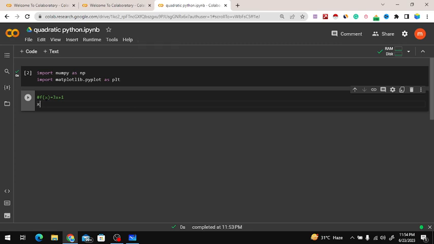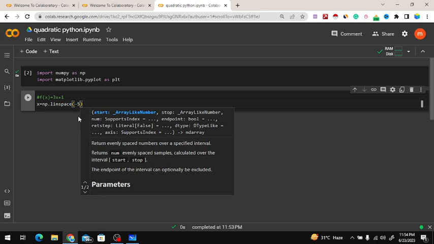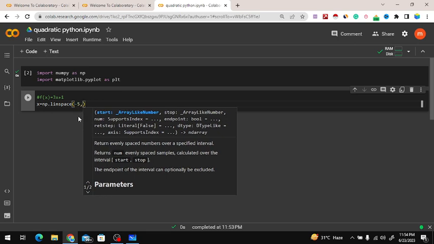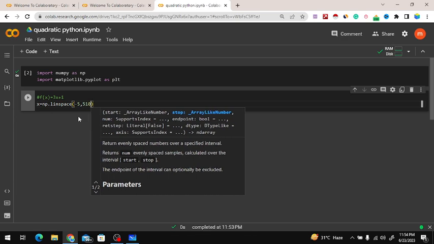So x should be a variable, x equal to np.linspace(-5, 5, 1001).